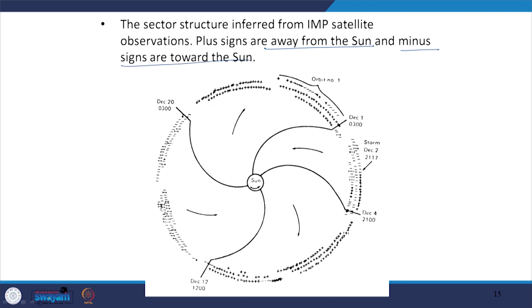The arrow is accurately drawn; this is away from the sun, and minus is towards the sun. It depends on where the planet Earth is. If the Earth is here, it will see something like this; if the Earth is here, it will see something opposite. Entirely, you have sector number 1, 2, 3 and 4.